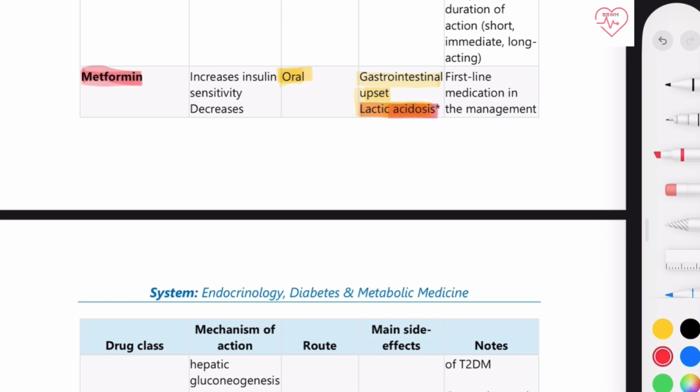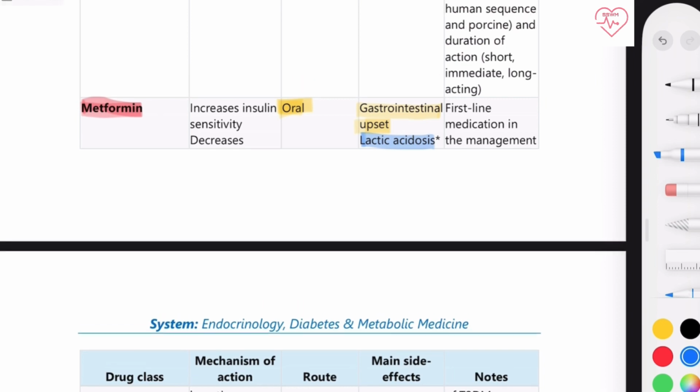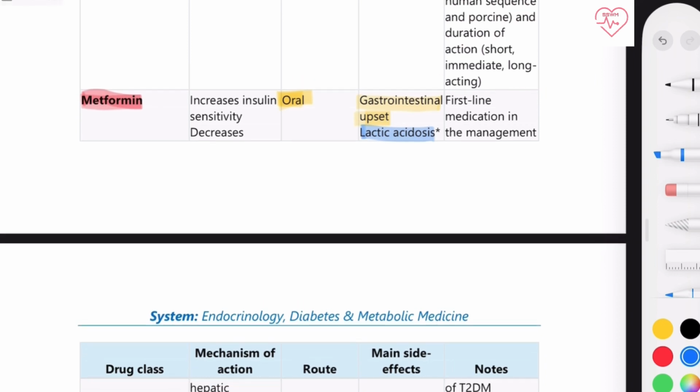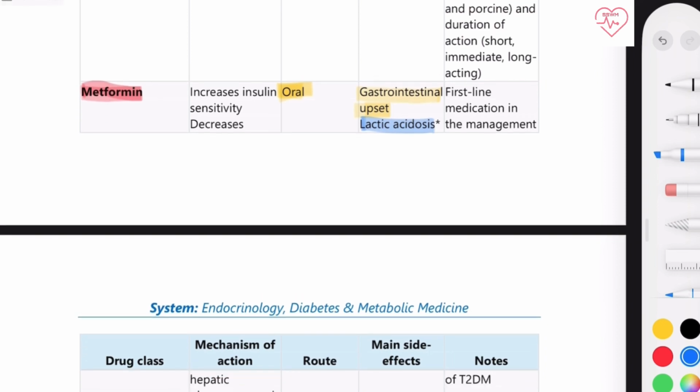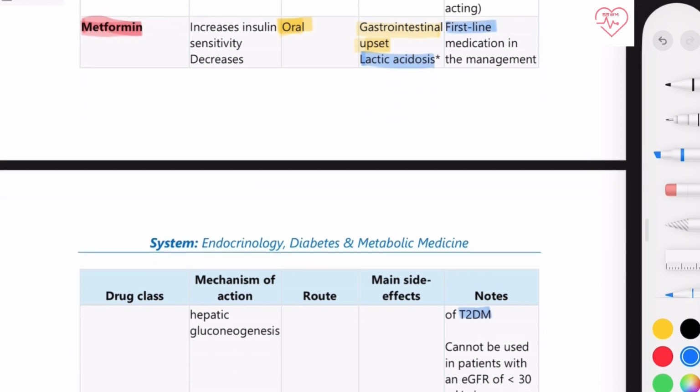You can see there is a star marking, right? Lactic acidosis. Metformin is the first line medication in management of type 2 diabetes mellitus, I told you. It cannot be used in patients with eGFR of less than 30 mL per minute.